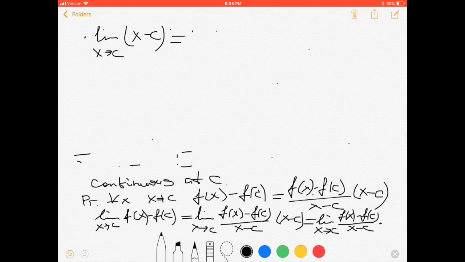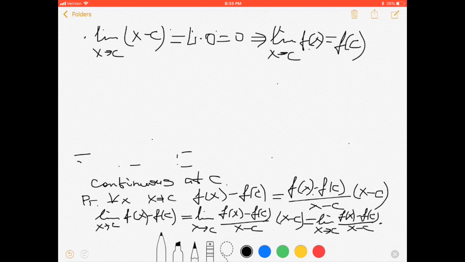Because our function is differentiable, the limit of our fraction equals some number L, multiplied by 0, which is equal to 0. This means the limit of f(x) as x approaches c equals the value of function f at point c. We proved our theorem.